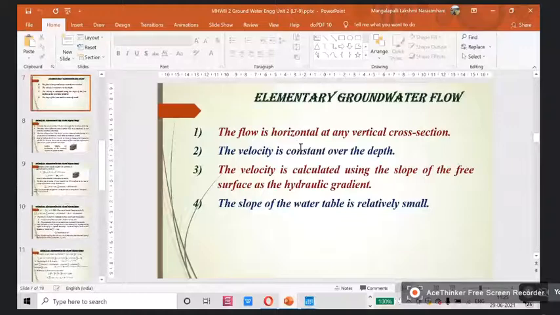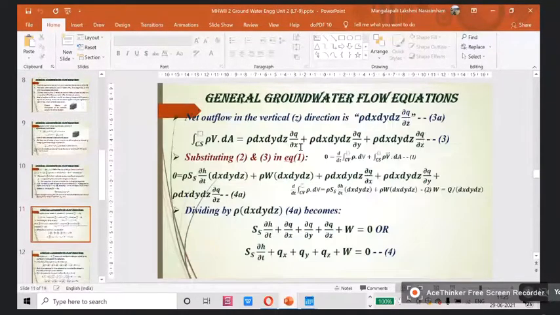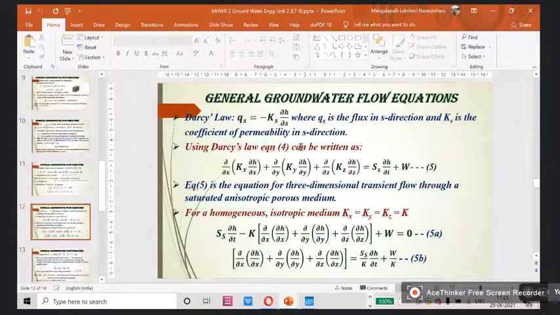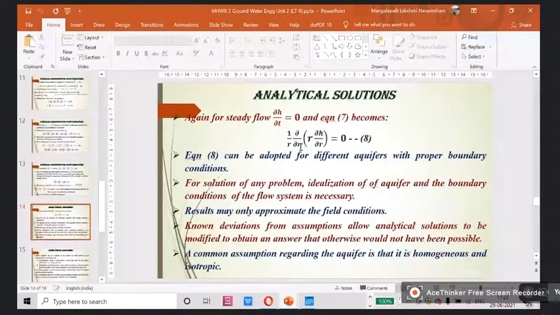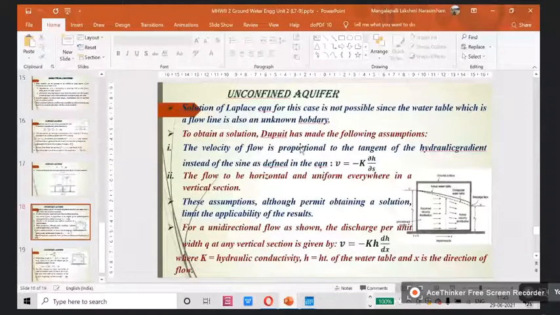So, starting from elementary groundwater flow, we have derived the general groundwater flow equations in three-dimensional Cartesian coordinates. And then we have taken analytical solutions. Now, this is for a steady state we have considered. Two simple cases we have considered.